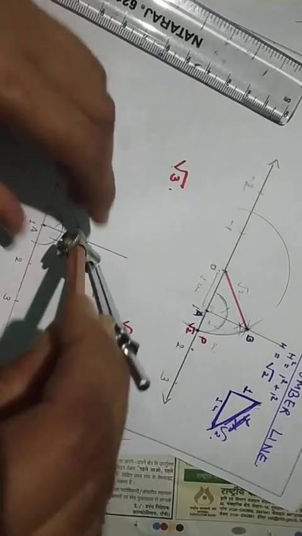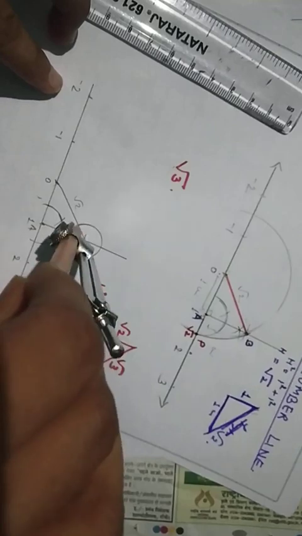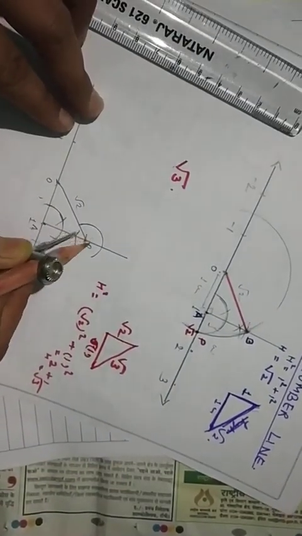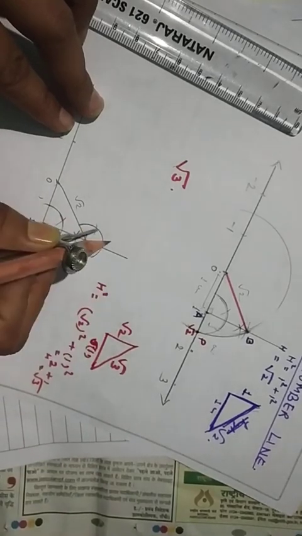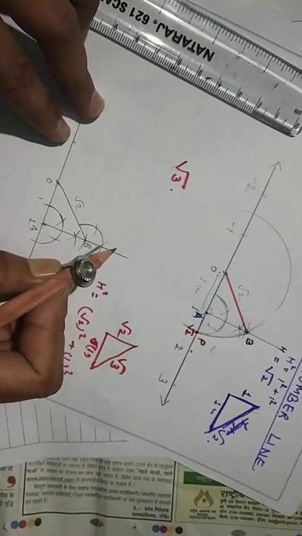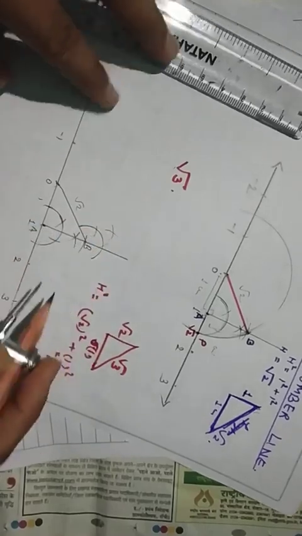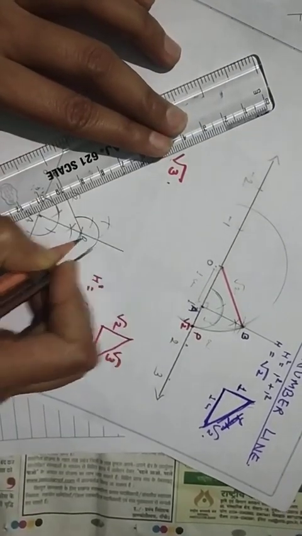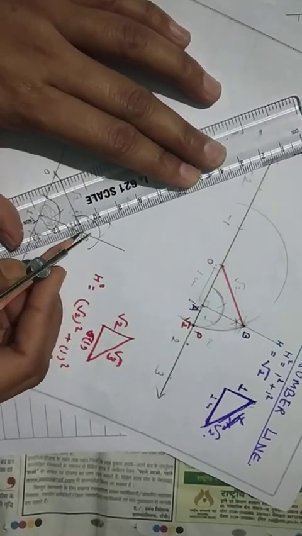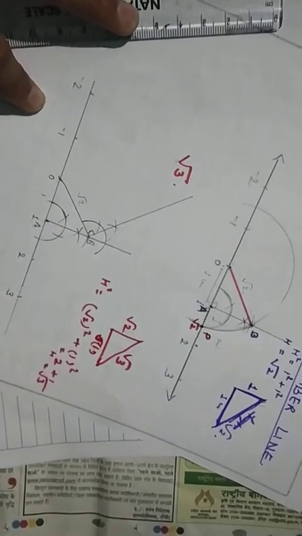Here we are going to draw a 90-degree angle at point B. Draw an arc like this, put your compass at this point, cut an arc, another arc. 90 degrees you know how to draw. This point and this point we will join, B and the intersection of these 2 arcs. This is a 90-degree angle here.